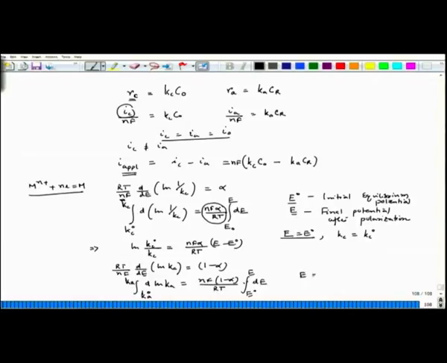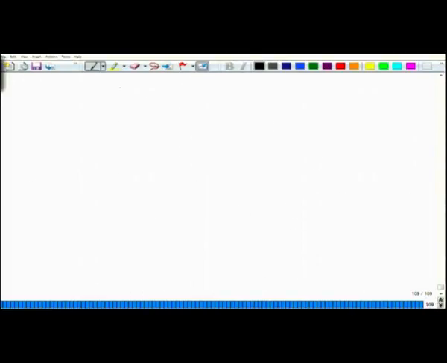When E equal to E0, Kc equal to Kc0. So, I would get ln Kc over Kc0 equal to (1 minus alpha) Nf by RT times (E minus E0).